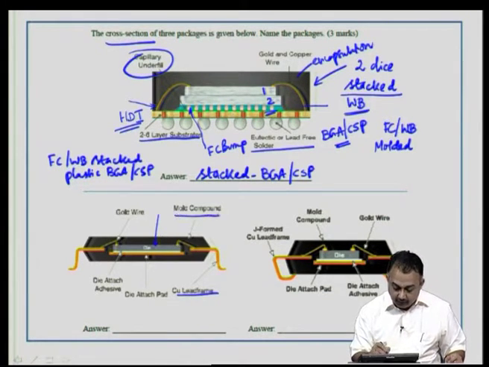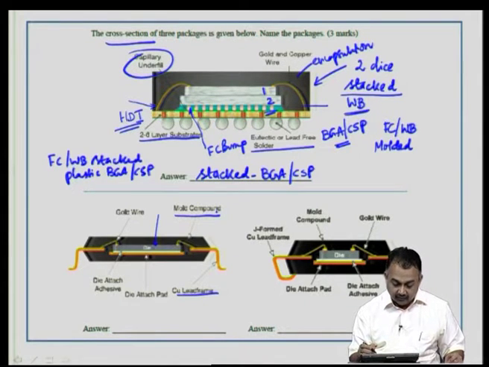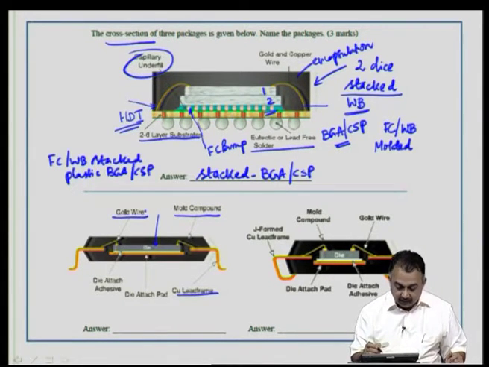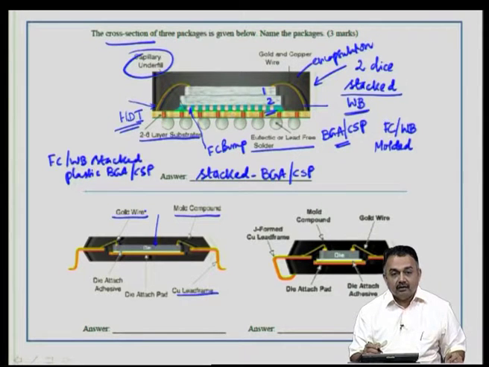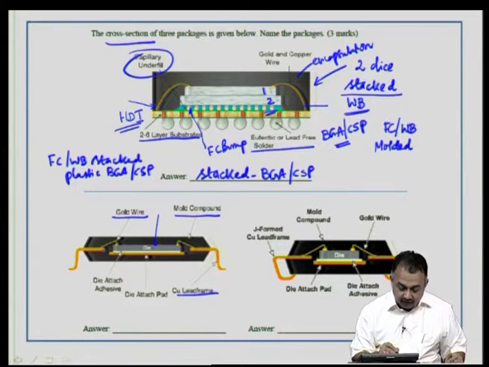Then there is a molding compound which protects the die. There is a gold wire bond which takes up the interconnection, that is a first level interconnect from the die to the lead frame.